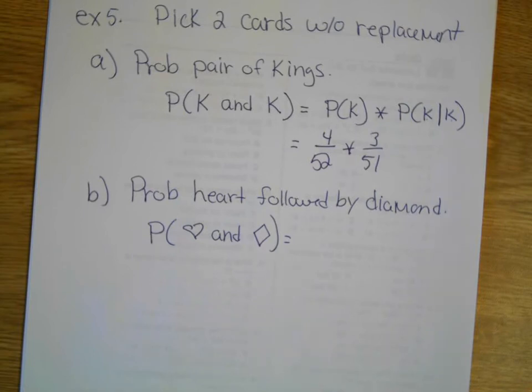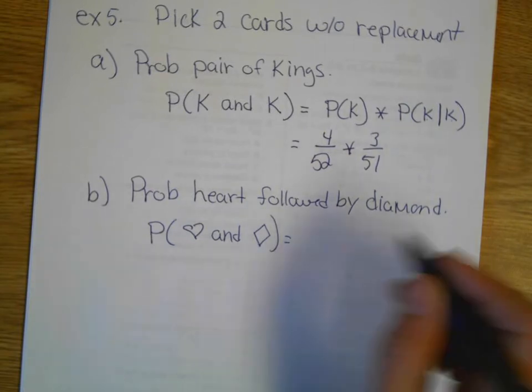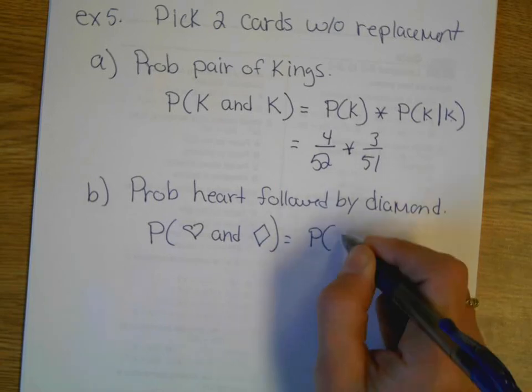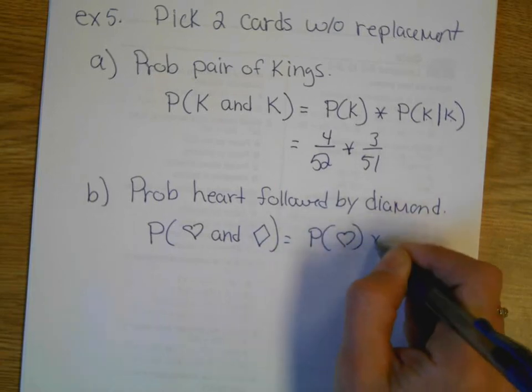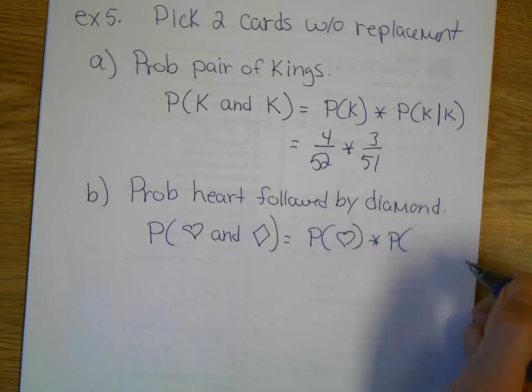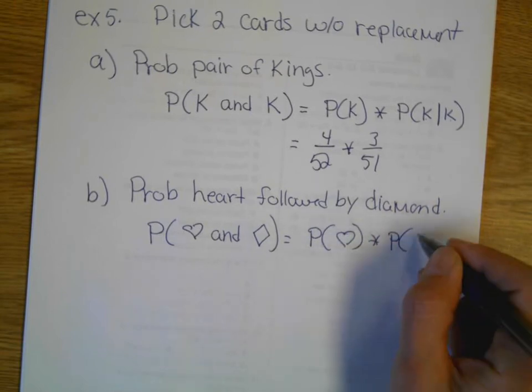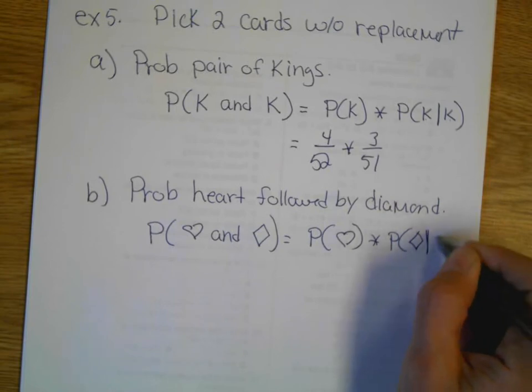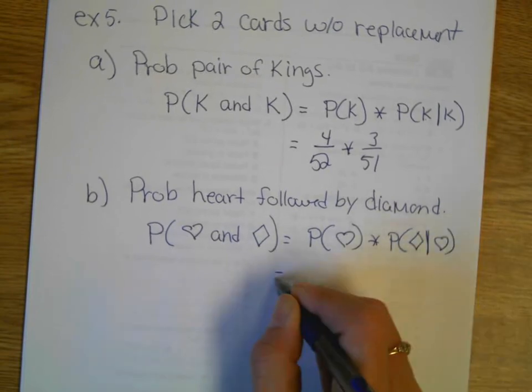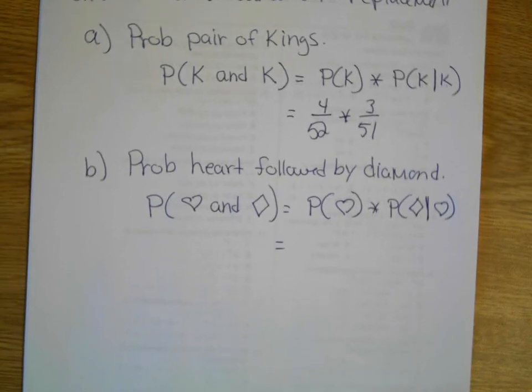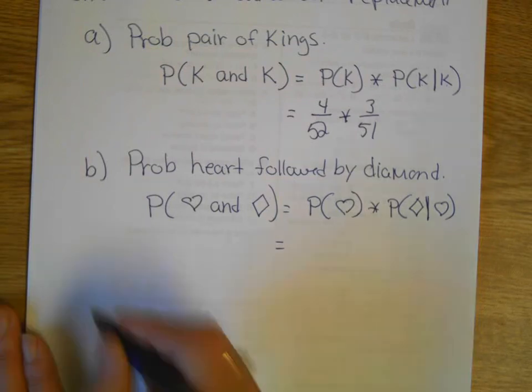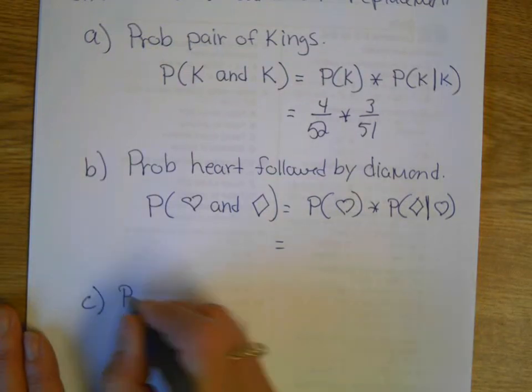In about 2 minutes. Probably less than that. So it's the probability the first one's a heart, and then the probability the second one's a diamond, given that I drew out the heart. Go ahead and write those 2 probabilities down. And then I'm going to write the last one while you finish that, and then we'll help that girl.